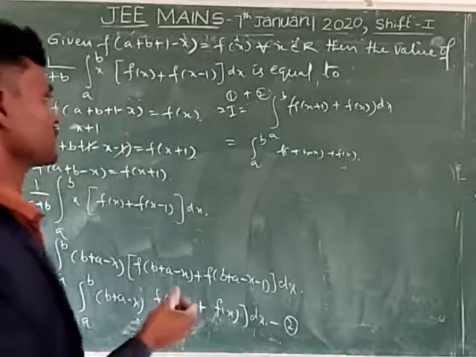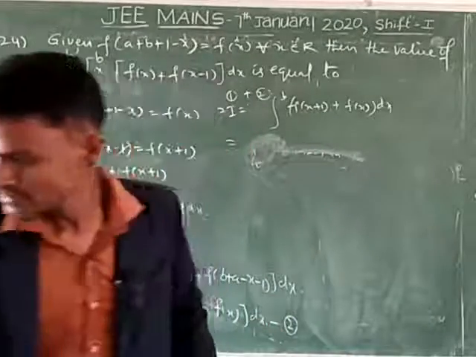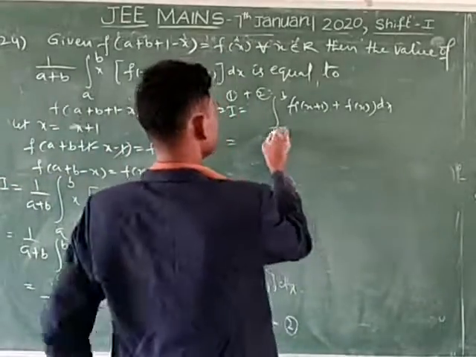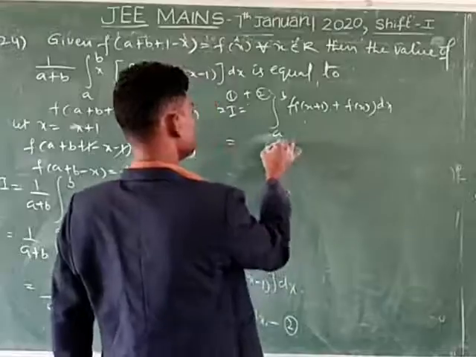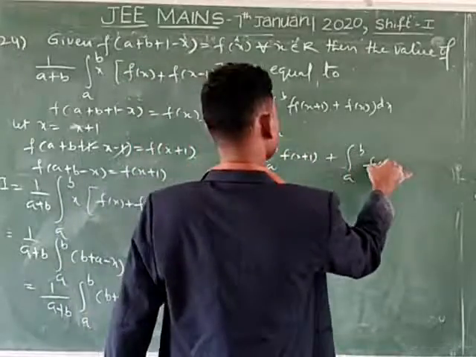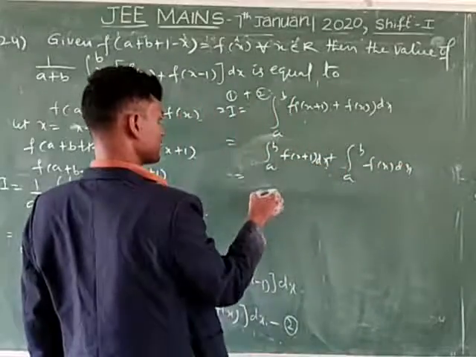Now you have to separate this one. Integral of a to b f of x plus 1 plus integral of a to b f of x dx. Here also dx. Now here again you have to apply this formula.